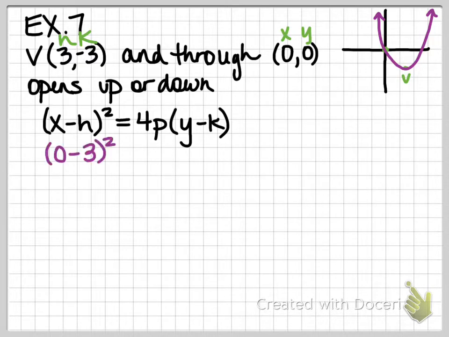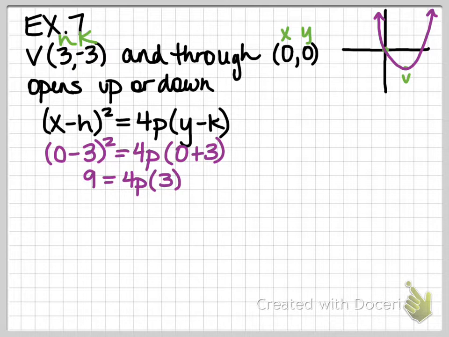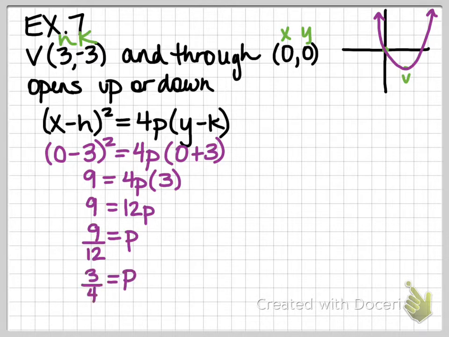So if I do that, 0 minus 3 squared equals 4p times 0 plus 3. So 0 minus 3 squared is 9 equals 4p times 3. So that means that 9 equals 12p, and p equals 9 over 12, which is 3 over 4.